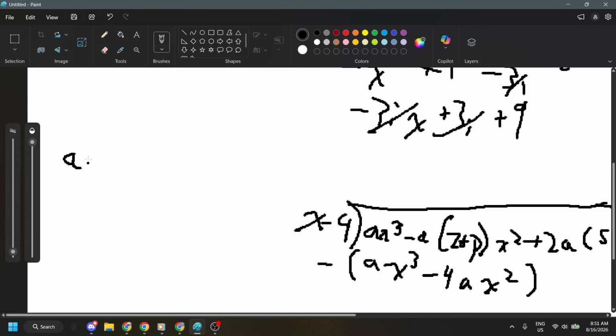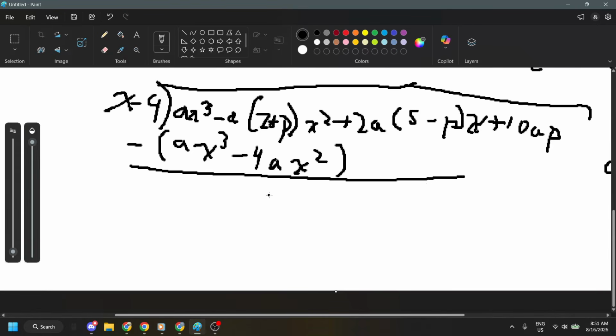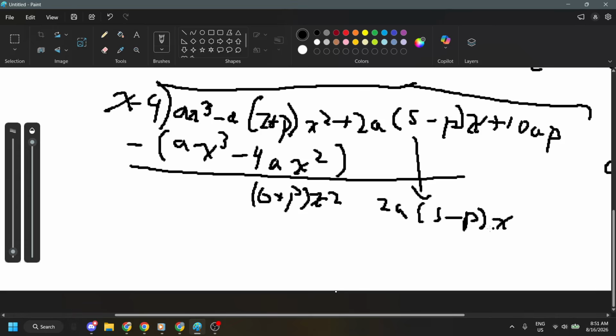It's going to be a times 6 plus p x squared. Then bring this one down. We get 2a times 5 minus p x.